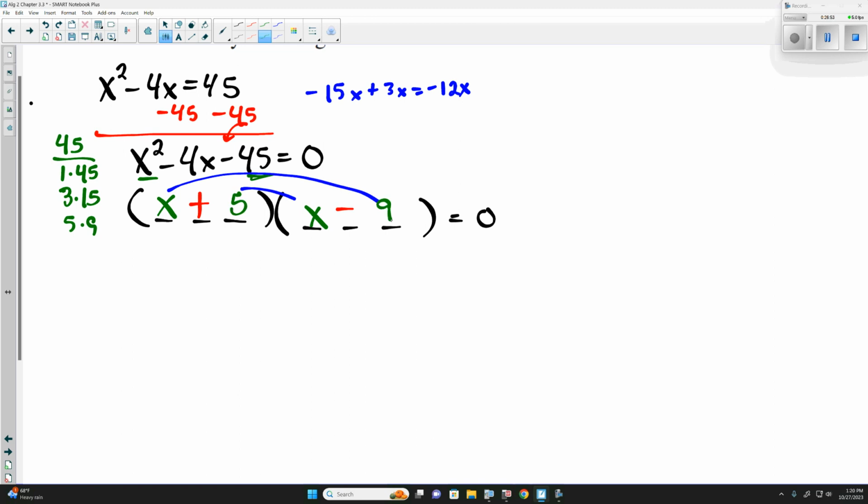So 5 and 9. We check this here. x times negative 9 would be negative 9x. 5 times x is plus 5x, which gives us negative 4x. Is that what we wanted?